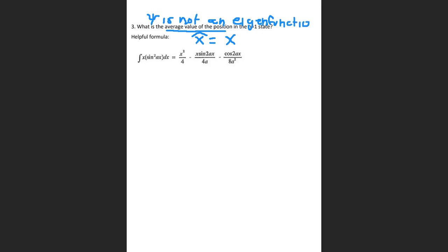Remember, in particular, for the n equals 1 state, which is what we're interested in, I'll call it psi 1, the wave function is 2 over L to the 1/2. I better erase that. I'll come down here.